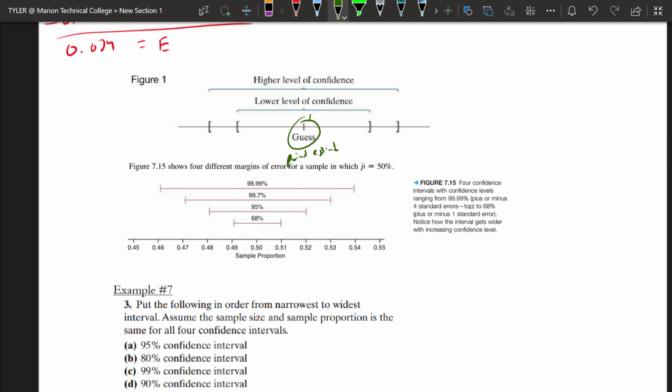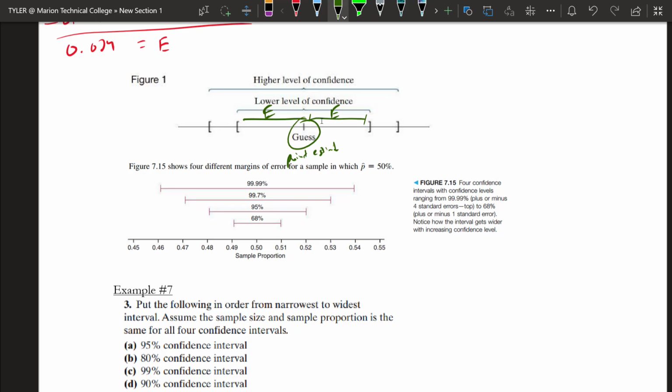And then you're going to add a margin of error to get your level of confidence, right? But the width is going to be smaller if you have a lower level of confidence. That's what this is trying to show, right? So if you have a higher level of confidence, your interval gets wider, right?